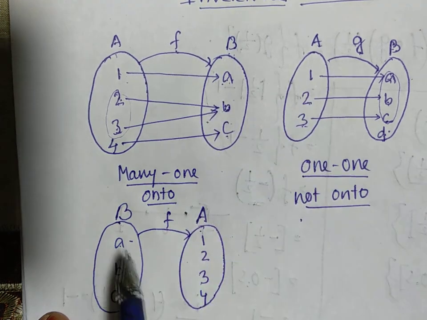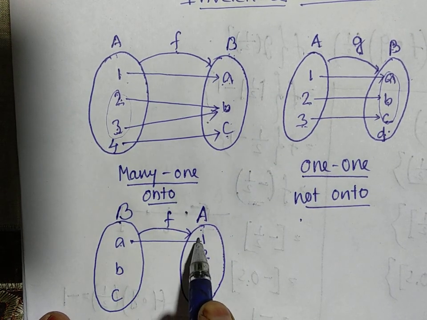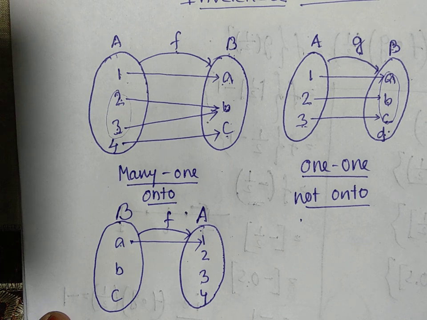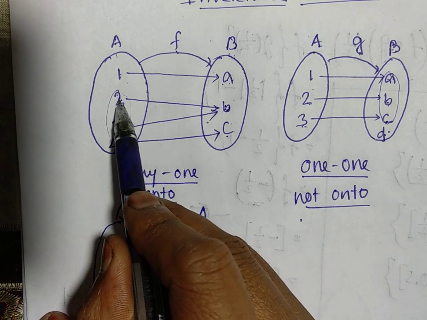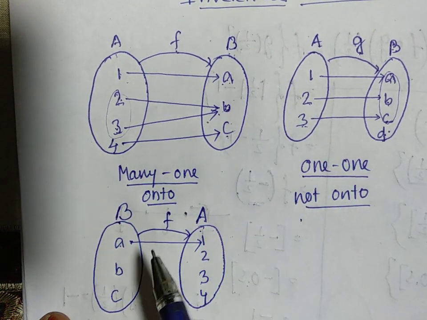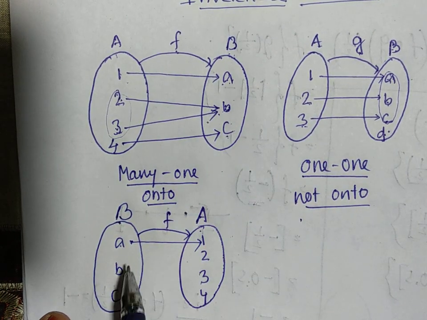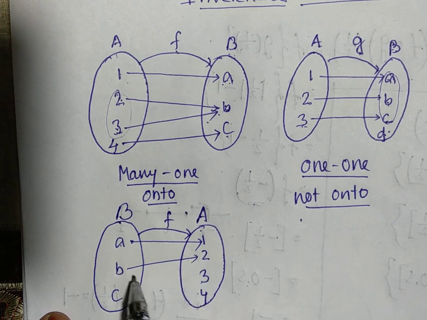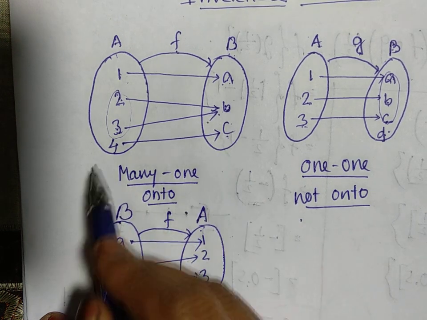So if we write it in the reverse way, then a will be related to 1, obviously. The image of 2 and 3 is b. If we write it in the reverse way, then the arrow mark will be in the different direction. That means b is related to both 2 and 3. c is related with 4.